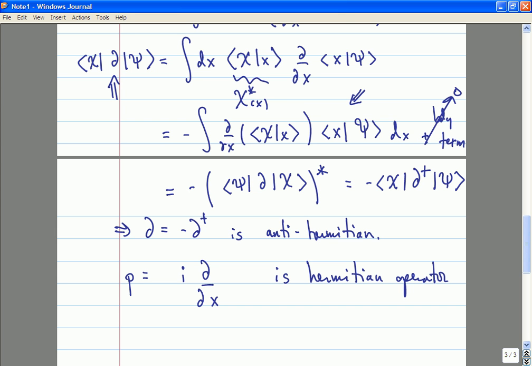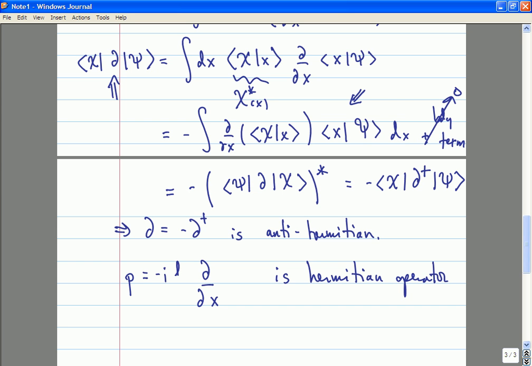There's one thing that you need to remember, however, which is that we need to write down an equation for the momentum operator that is consistent with dimensional analysis. So x has dimensions of length, d by dx has dimensions of 1 over length. So that means that you need to put some constant in there which has the appropriate dimensions if you wish to identify this as momentum. So let's just put a constant in there.